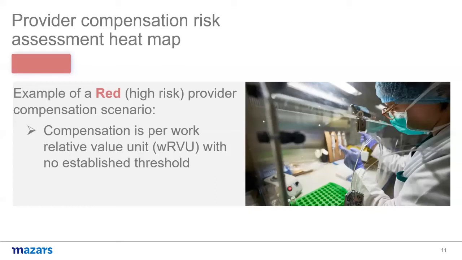The provider is then compensated using the 90th percentile compensation to work RVU ratio. Let's say that's $100 per work RVU, which equates to total annual compensation of $1.5 million, because you would take that 15,000 annual work RVUs times $100, which would end up at 1.5 million.